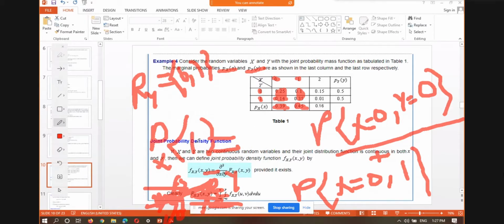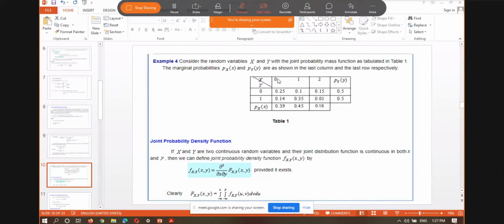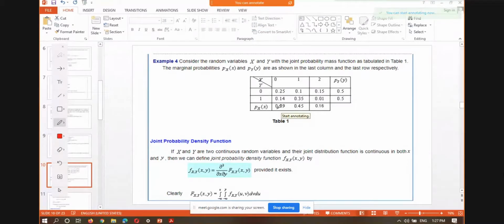Similarly for 2, I have to write 2 here. This is also replaced by 2, and then I have to add these two, one is this one, the second one is this one, and adding we get this one. So finally, by adding columns, we get the marginal probability mass function for x.